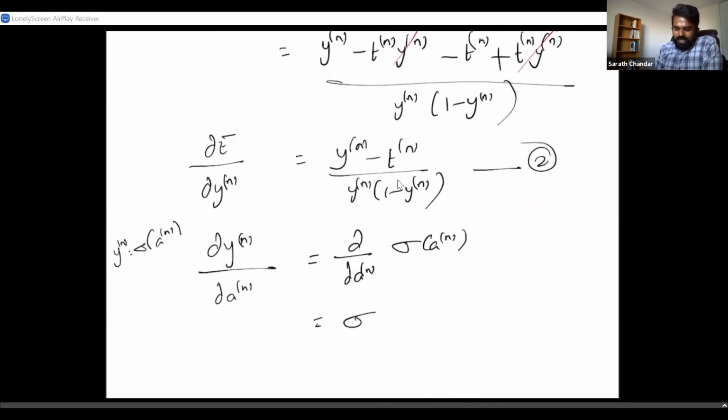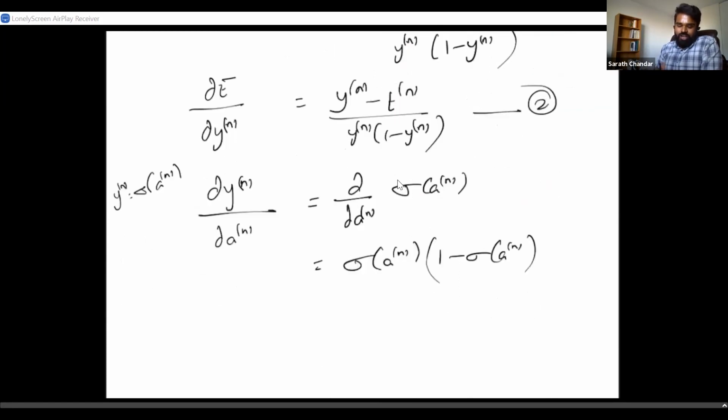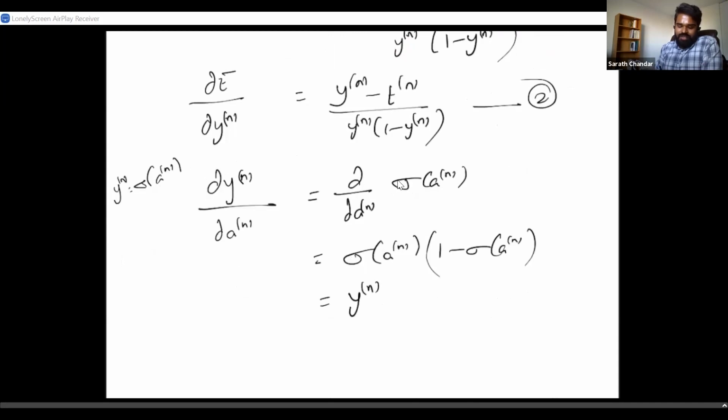So this becomes sigma of a of n times (1 minus sigma of a of n). What is sigma of a of n? It is y of n. So this is basically y of n times (1 minus y of n). This is dou yn by dou an. Let's call this equation 3.